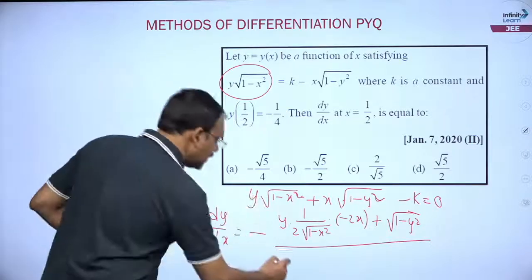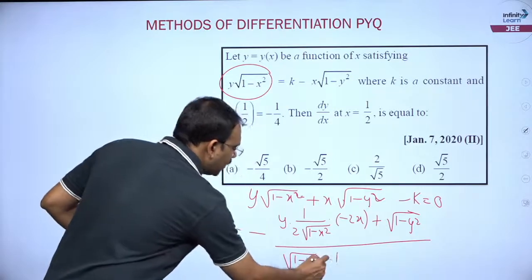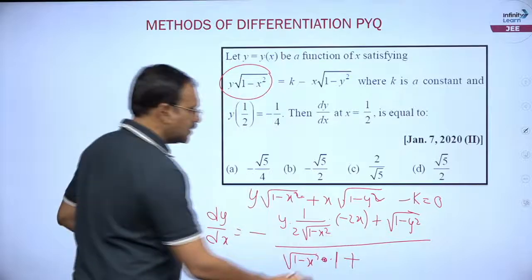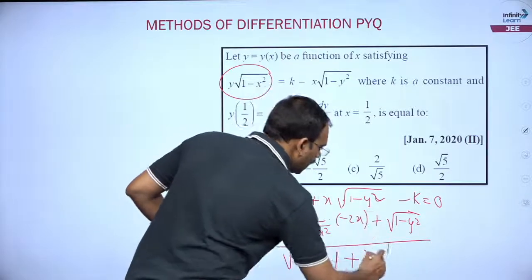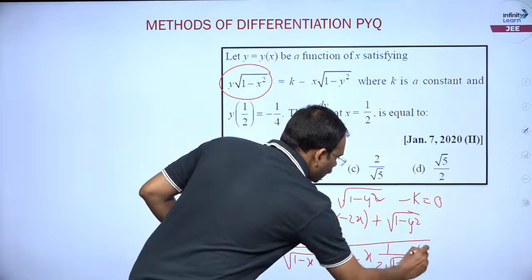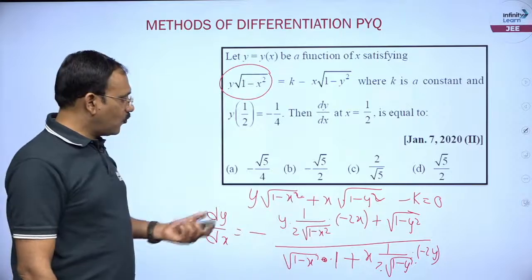For y, x is constant. So, root of 1 minus x square into y derivative 1, plus x is constant, root of 1 minus y square derivative 1 by 2 root of 1 minus y square into minus 2y. Fine.